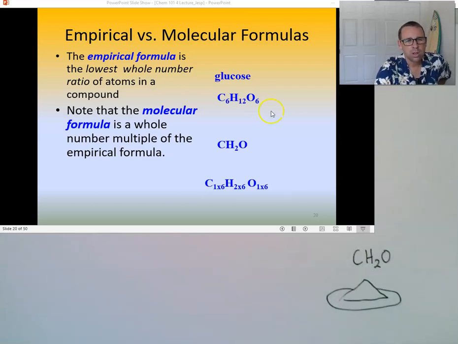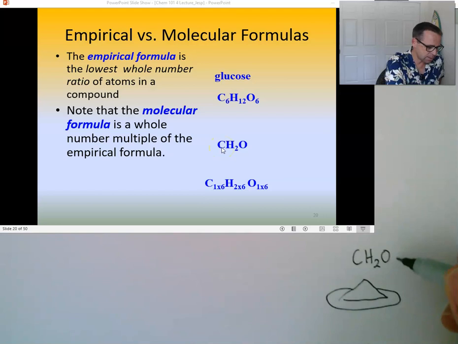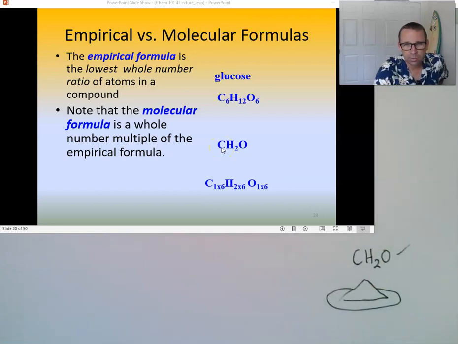They wouldn't know that the chemical formula was C6H12O6 right away. They would just know that this is the simplest ratio. And that simplest ratio we call the empirical formula.